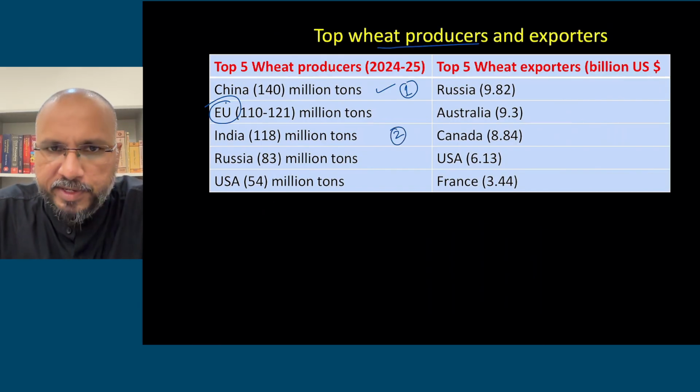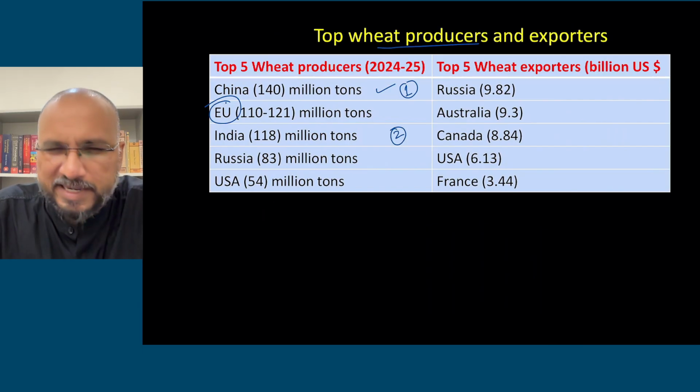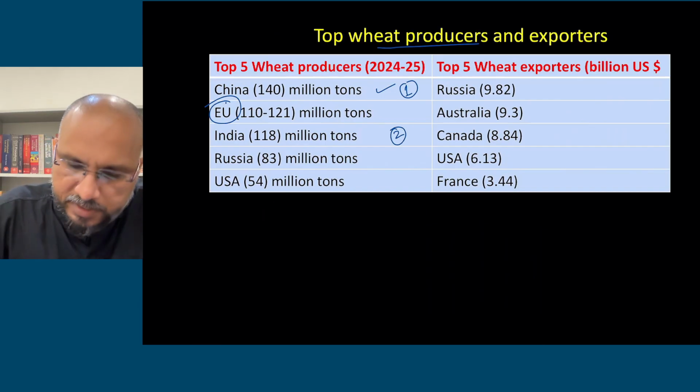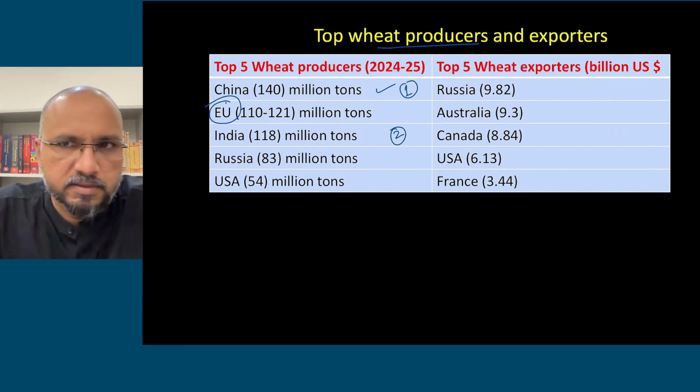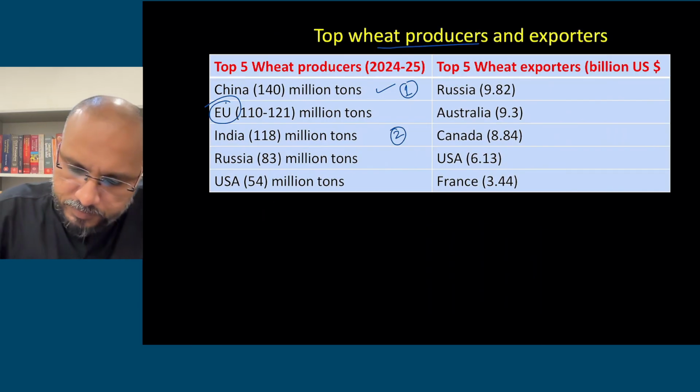The European Union, which is not a single country, as a whole produces around 110 to 121 million tons. Data is not there for Ukraine because it is involved in war, and for Russia, the data is not there from those large countries which are major producers of wheat. So it is around 110 to 120 million tons from the European Union.